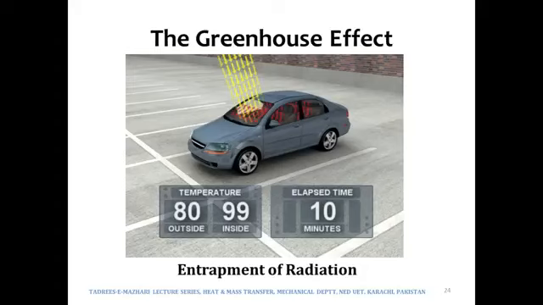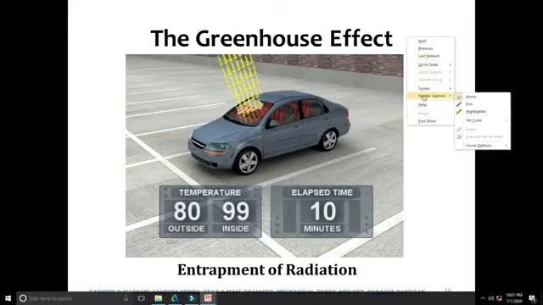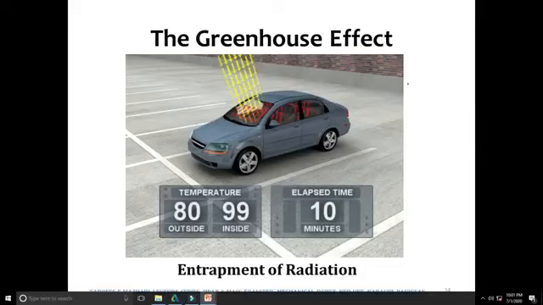And a peculiar property of glass is that it is opaque for longer wavelength radiation. Means the glass will not let the longer wavelength radiation pass through it. So again, if I draw this phenomena, on x-axis we have wavelength lambda, and on y-axis we have transmissivity, tau, of the glass.